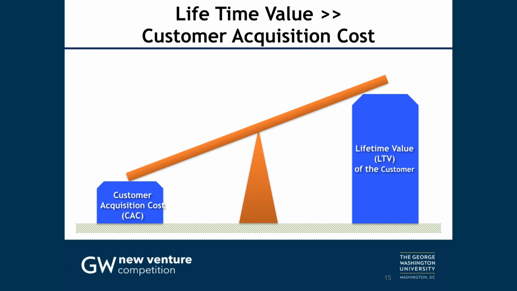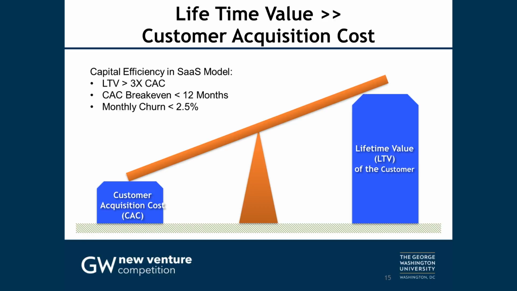Some rules of thumb, if you're using a software as a service model, for example, your lifetime value should be at least 3 times the customer acquisition cost. You want to break even, that is whatever you spend for that customer should be returned to you in a year. And generally your churn should be in the low single digits. 2.5% is a good number. Lower is always better. You want to keep the churn low for all the reasons we discussed.